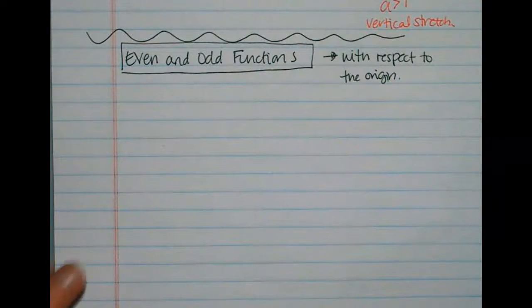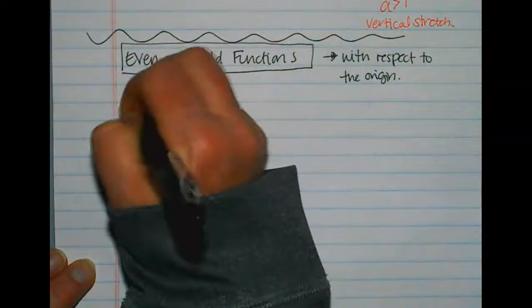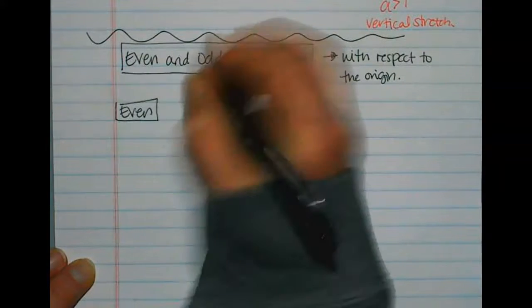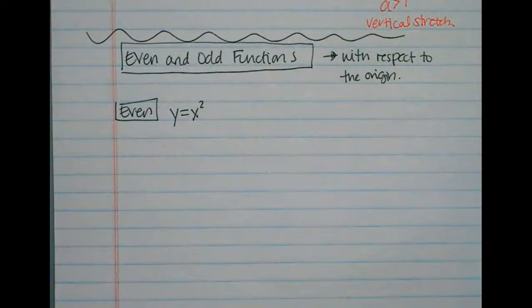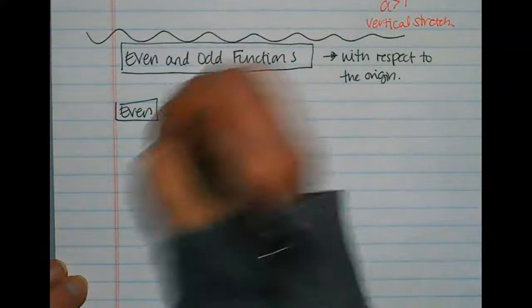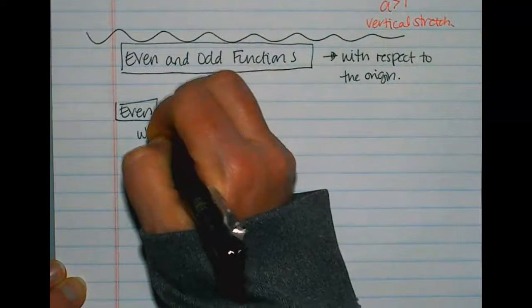The first one that you might think of as being an even function is the plain Jane y equals x squared. It's an even function because whatever happens on the left also happens on the right. So it's like a mirror image.